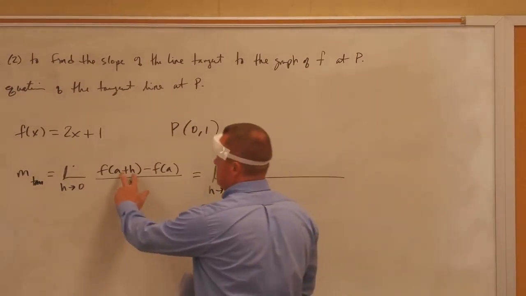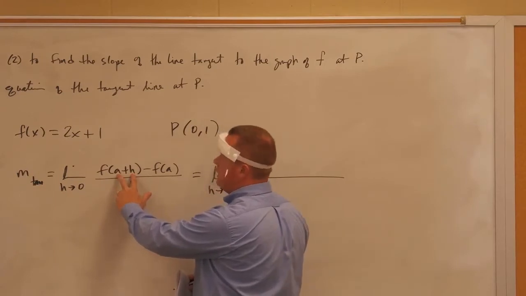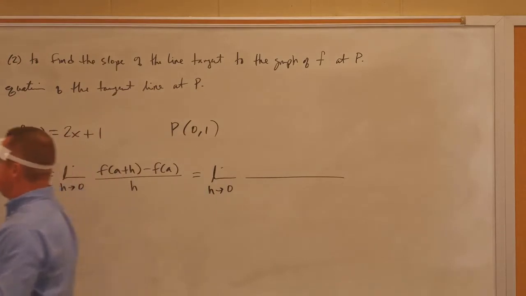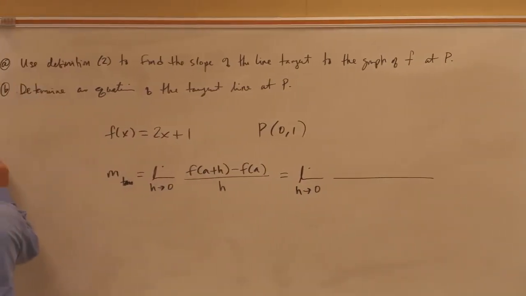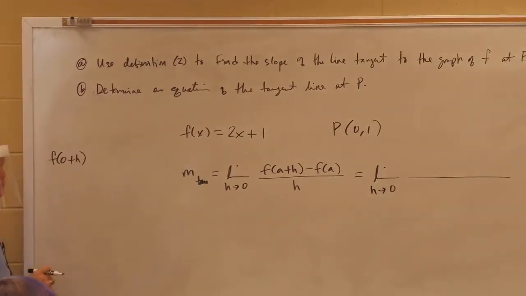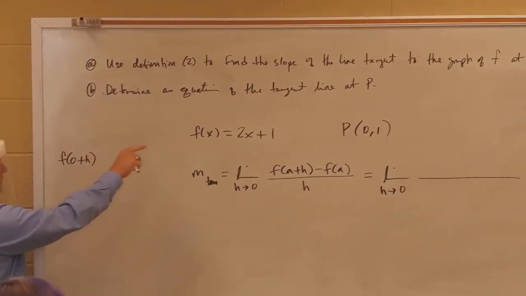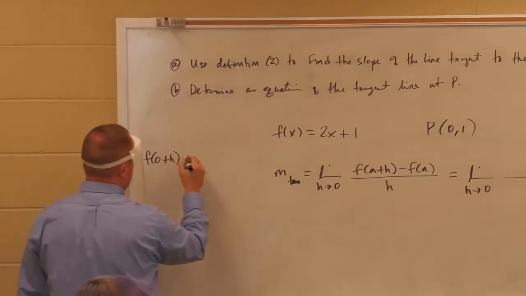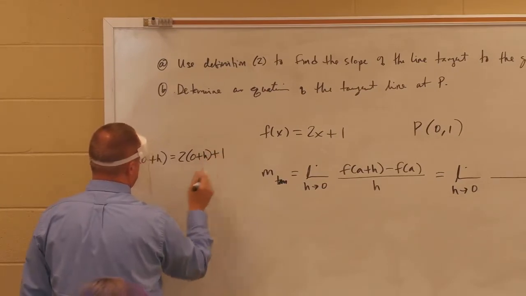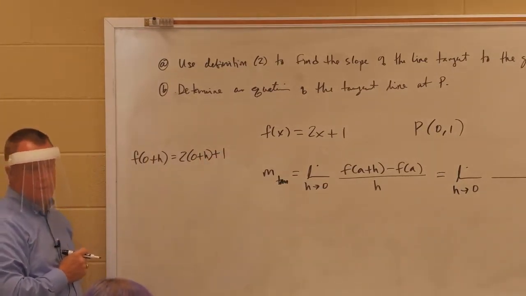So 0 plus h, I'm just going to plug that in. This is f of a plus h, or f of 0 plus h. So what is f of 0 plus h? You take the function 2x plus 1 and plug this in the place of x. That would be 2 times 0 plus h, plus 1. Everybody follow that?